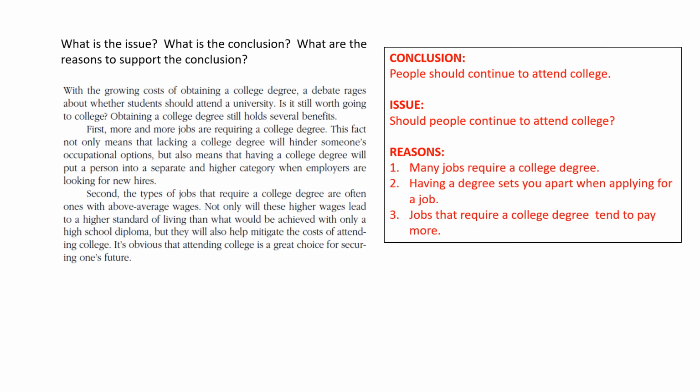So one reason is many jobs require a college degree, and having a college degree sets you apart when applying for a job, and then jobs that require a college degree tend to pay more. Those are some of the reasons the author uses to support their conclusion. Pretty straightforward this way. And some of you who have taken reading classes before can even look at reasons as supporting details for a conclusion. You can look at it that way also if you would like to.